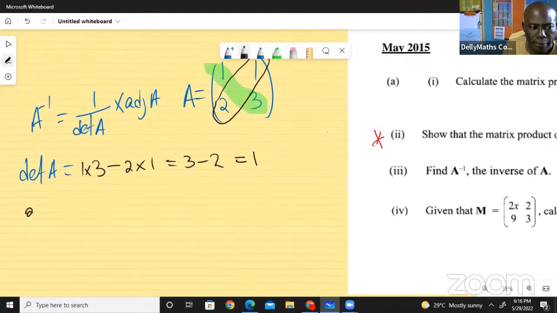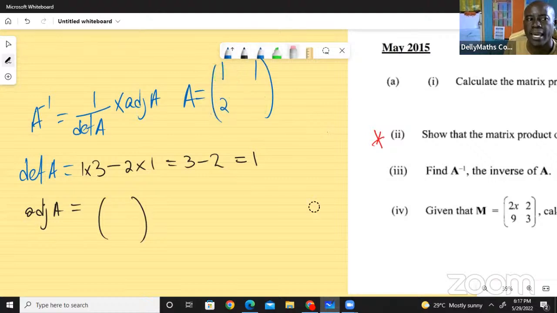Adjoint of matrix A. The adjoint of matrix A has a principle. We need to switch the elements on the main diagonal. All right, so let's check this out. The main diagonal would be 1, 3.